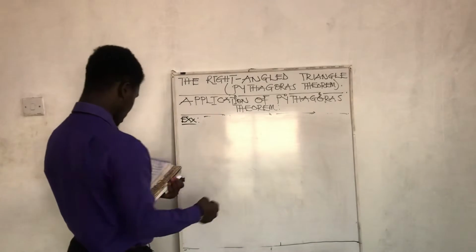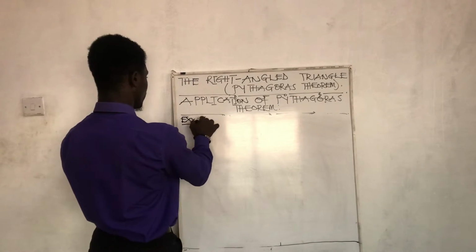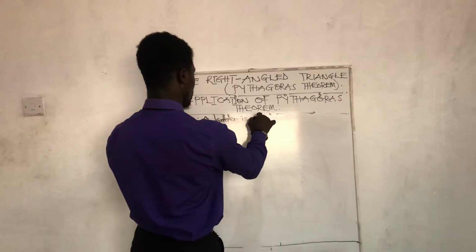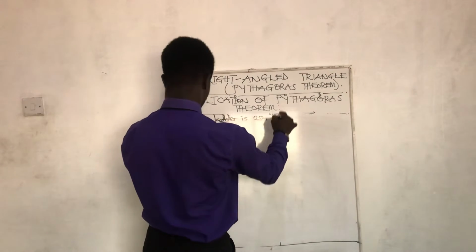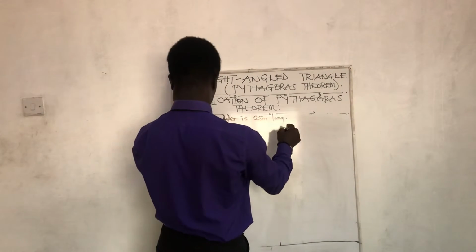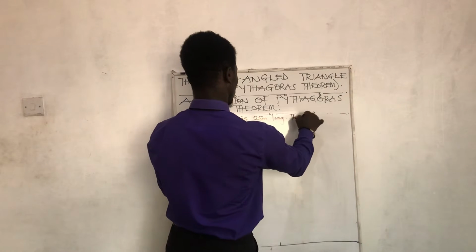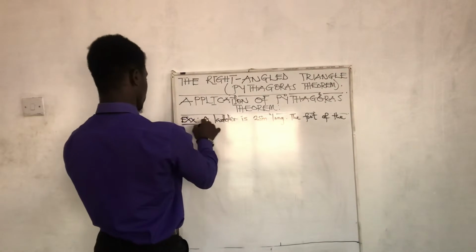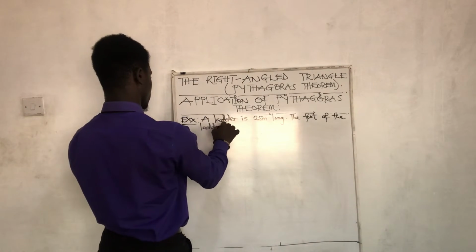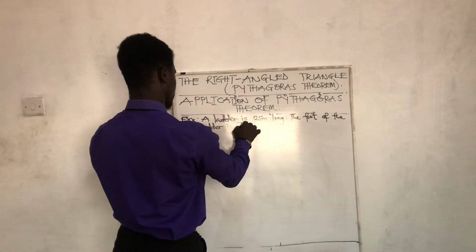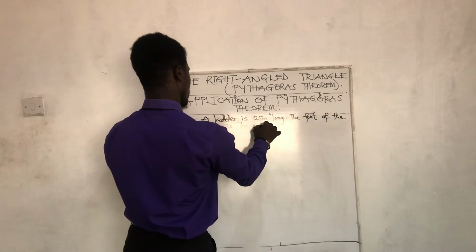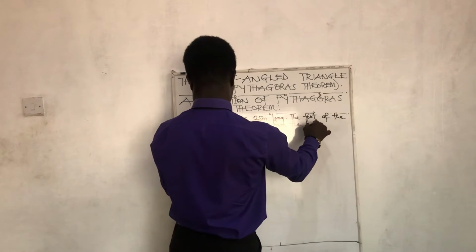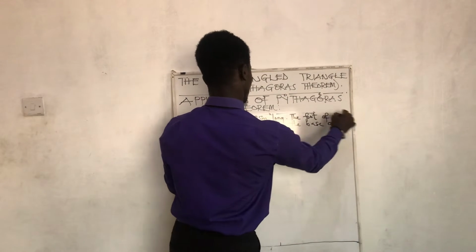Alright, so let's solve the last example. So we have a ladder. A ladder is 25 meters long. The foot of the ladder is 7 meters away from the base of the wall.